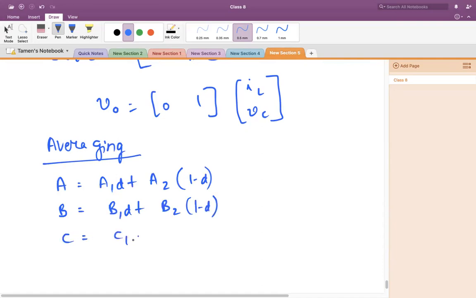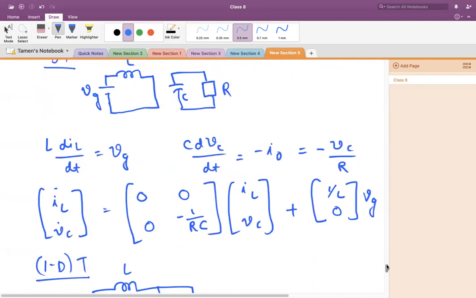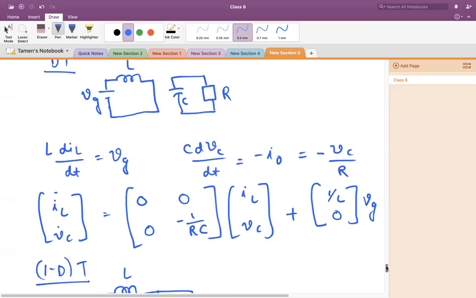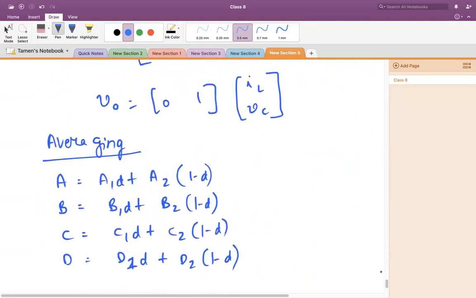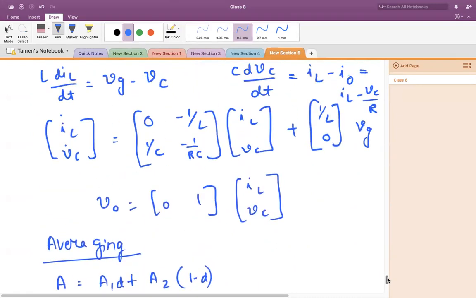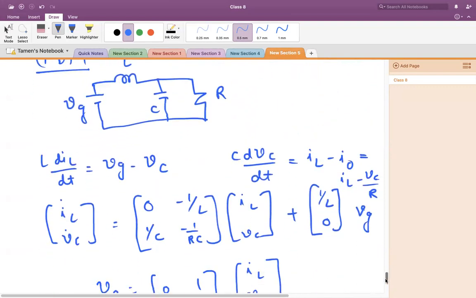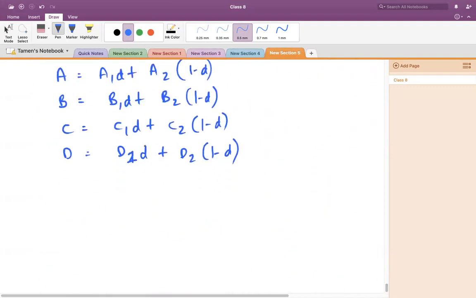C matrix will be C1 D plus C2 (1 minus D), and D matrix will be D1 D plus D2 (1 minus D). That means we consider the on and off conditions together, adding them up. This is the same as earlier, just in matrix form.